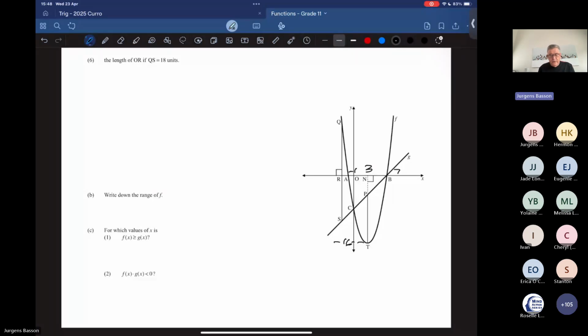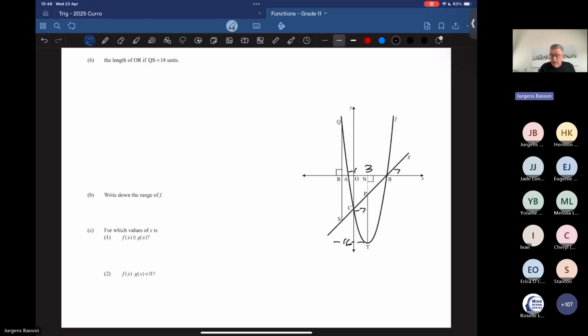They ask us now for the length of QR if QS is 18. Now you will remember we get questions where they ask us for a maximum length of QR. In this case, a maximum length is not going to work, not where QR is at the moment. But now they give us the length. Sorry, let me first say, I say QR, I mean OR.